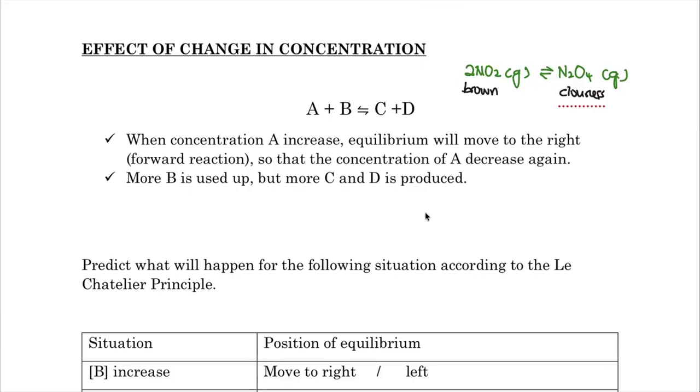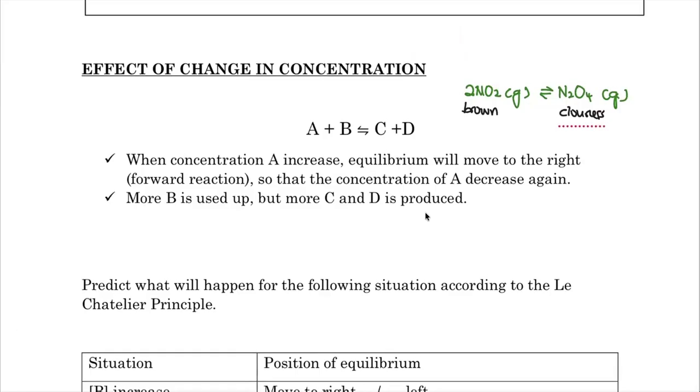If I add more NO2, so this NO2 will want to remove the extra effects. So what happens to the equilibrium? The equilibrium will shift to the right side.